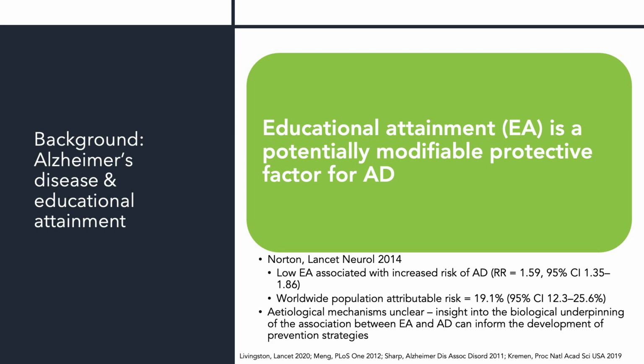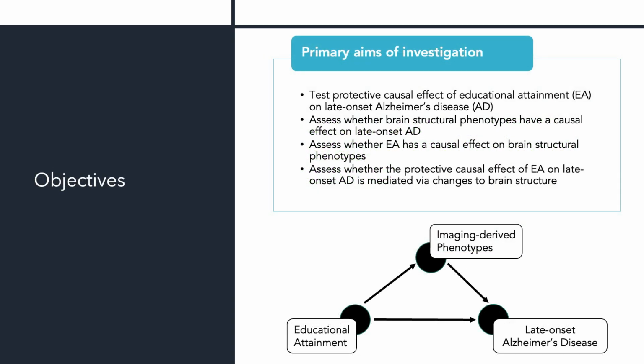But nevertheless, it's an interesting and potentially modifiable risk factor. And one can postulate that, if it really is causal, it's presumably something to do with the brain, that education does something to your brain that protects you against dementia.